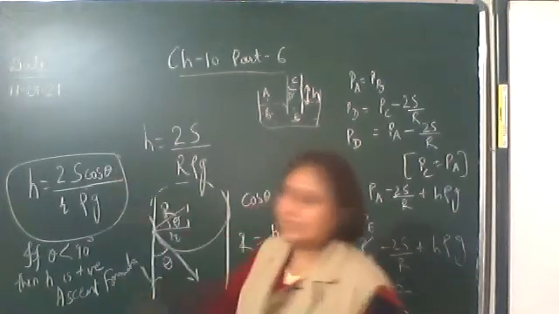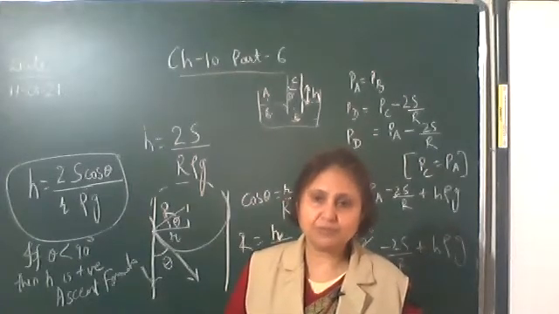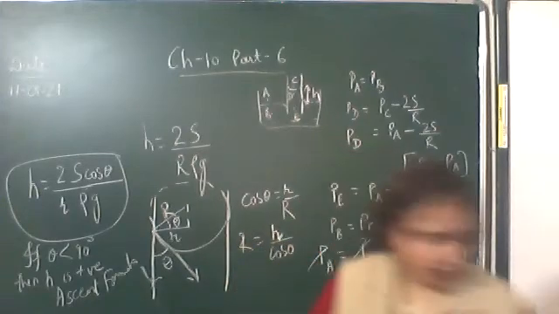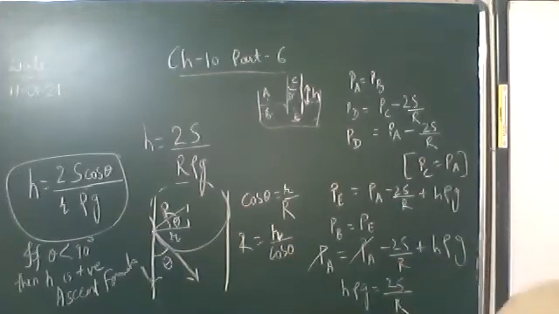Now if theta is obtuse, that means greater than 90 degrees, and cos of an angle greater than 90 degrees is negative.